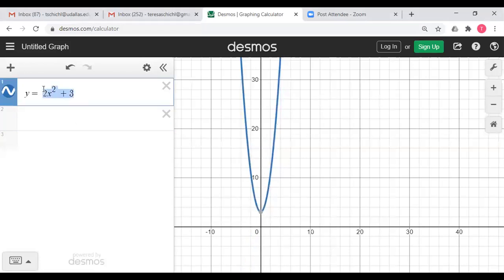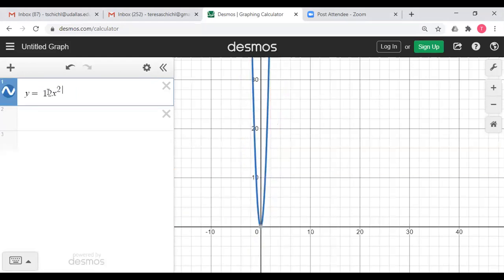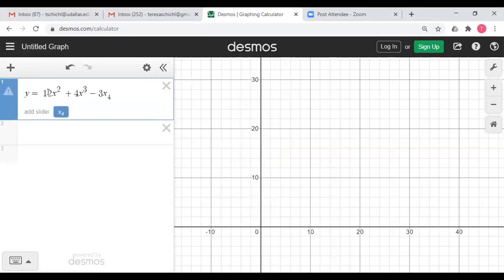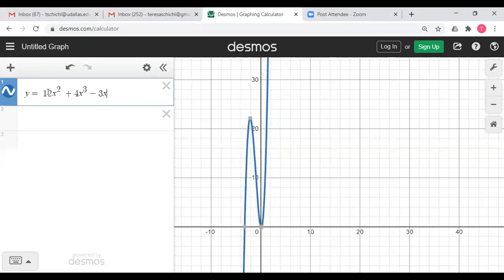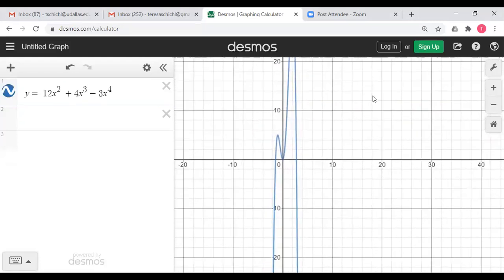Let's type in our function: 12x squared plus 4x cubed minus 3x fourth. Okay, this is the graph I'm going to have.